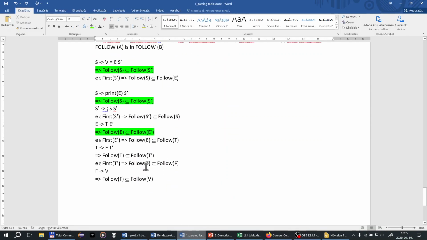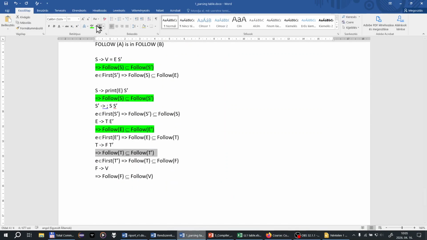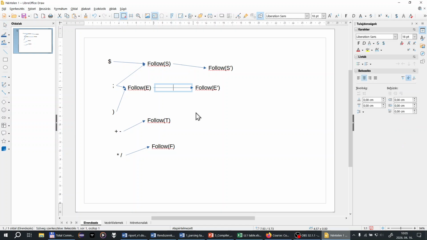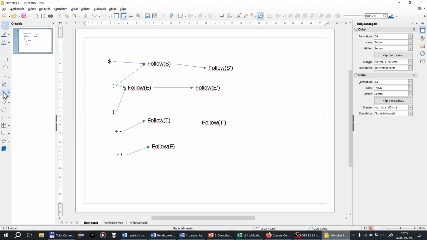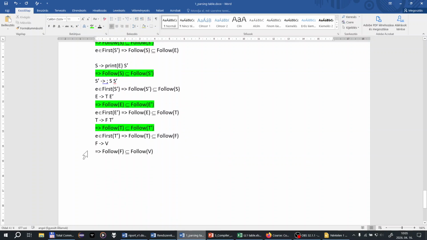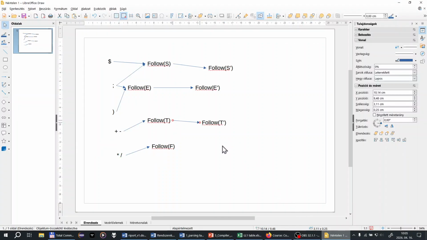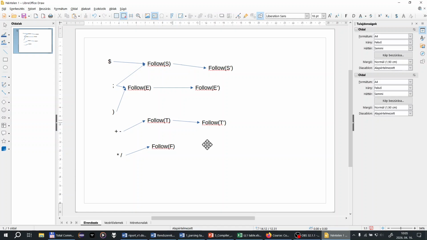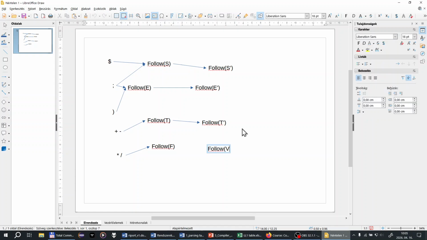Then T prime. Follow T prime. And then F is a subset of V. Follow V.